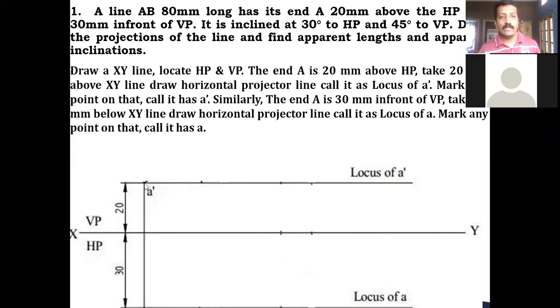And already you have marked A dash. You draw the vertical projector downwards like this. Wherever it meets the locus of A, that is the 30 millimeter line, you mark that point and call that A. So that means the end A, both in top view and front view, we have identified and fixed. So this is the first step you have to do as per the information which is given.